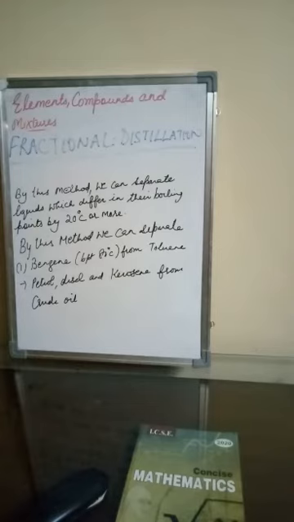So students, now we will learn the next method, that is fractional distillation. Students, fractional distillation is used for separating liquids which differ in their boiling points by 20 degrees Celsius or more. Now, the mixture of liquids is boiled in a flask and the vapors are passed through a fractionating column.